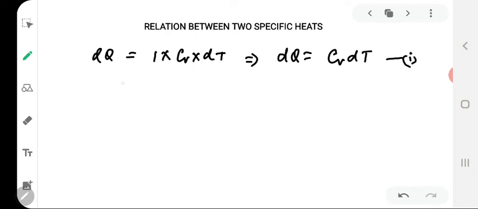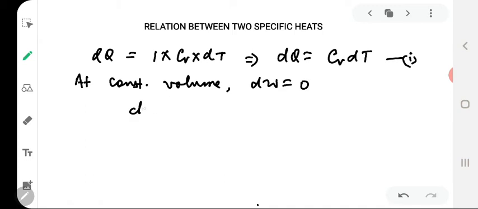Now as the gas is heated at constant volume, it will not perform any external work. External work done is 0. So as per the first law of thermodynamics, dQ is equal to dU plus dW.